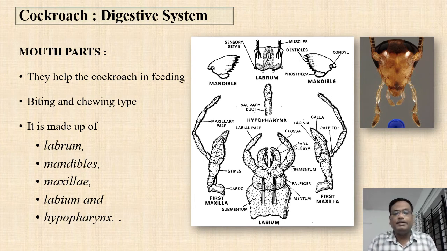Then we find labium, which is called the lower lip. Remember, we find only one upper lip and one lower lip, but these are made up of two portions. The two identical parts are joined together to form the labium, and this is also true for labrum. Then at the center we find the hypopharynx, which you can also call the tongue.